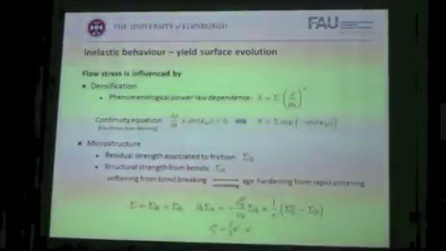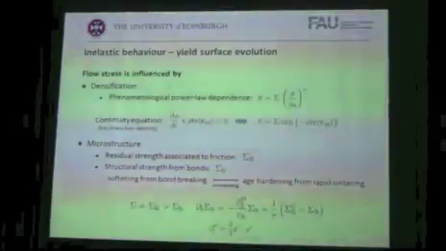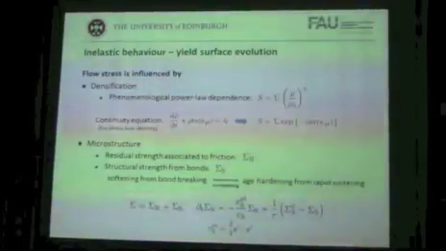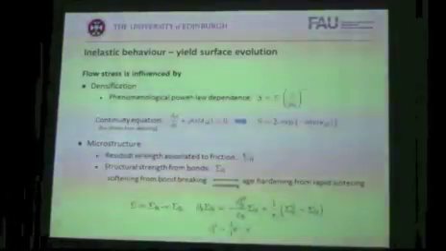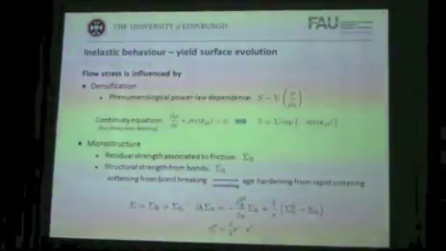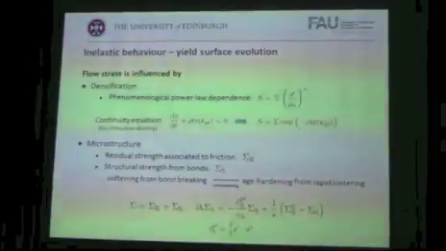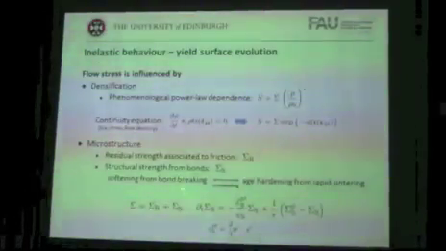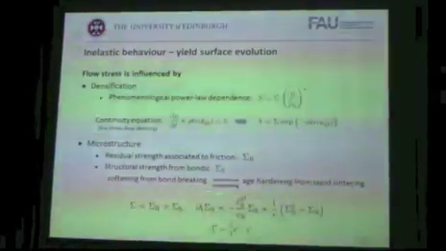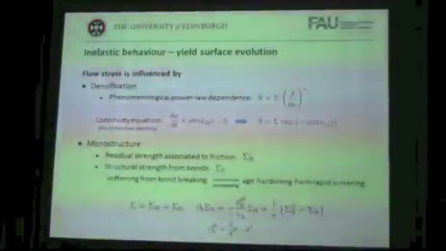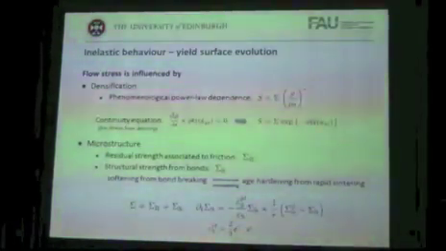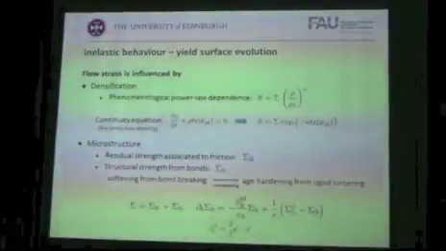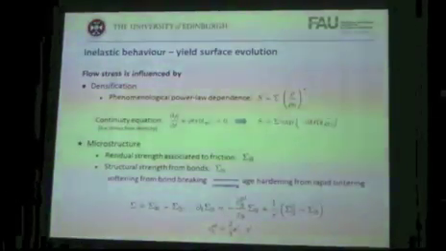We have to consider that snow is actually a high temperature material, so it's close to its melting point, so the sintering processes are quite fast, in the range of seconds. We can write these two competing mechanisms into this strain rate dependent evolution equation.